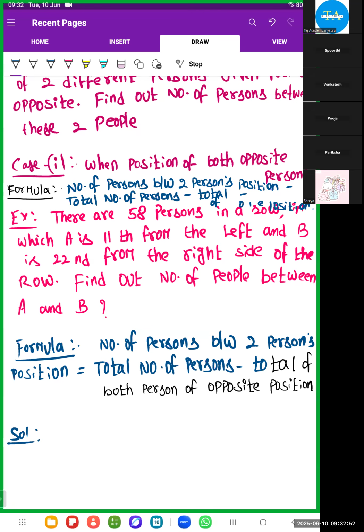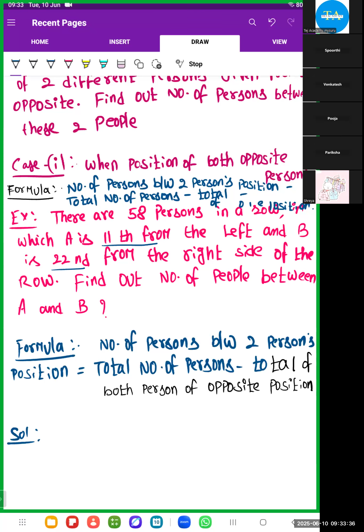Find out the number of people between A and B. So tell me, how many persons are there? 58, right? And the total of both persons' opposite positions: 22nd and 11th. So total persons minus the total of the opposite positions, then we'll get the number of persons.